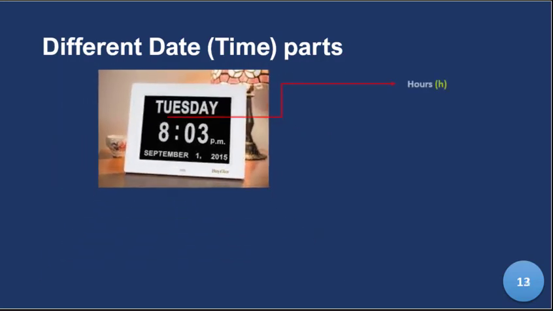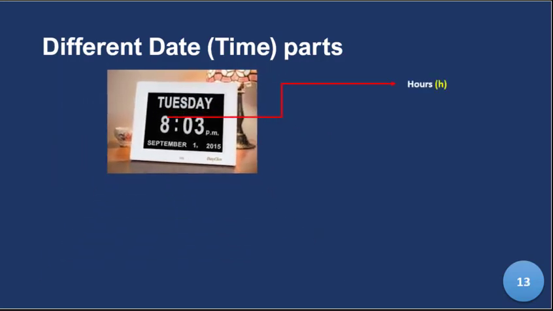We have the hours, that's 8:03 p.m., September 1, 2015. We also have the minutes, and the month written out, which is a capital M. Hours are in small h, minutes in lowercase m, and uppercase M is for month. We also have the day of the month, which is a capital D, and then the year. This is just the basic syntax that you find.